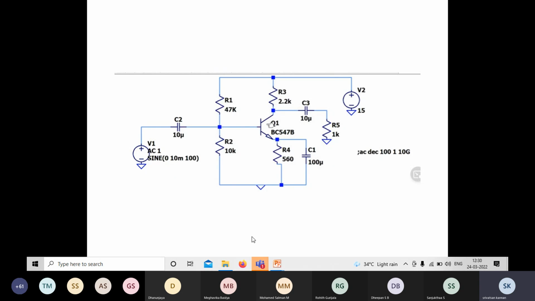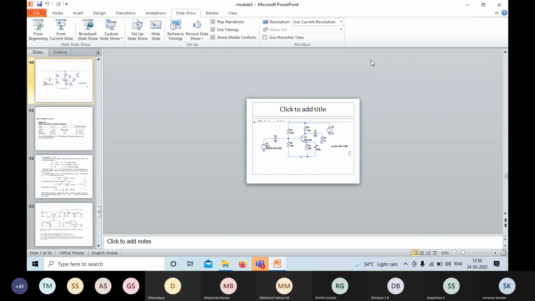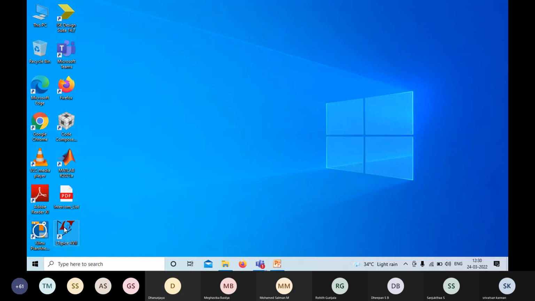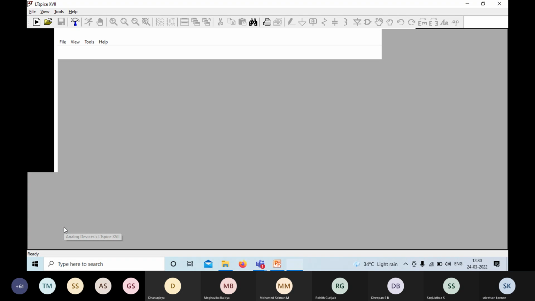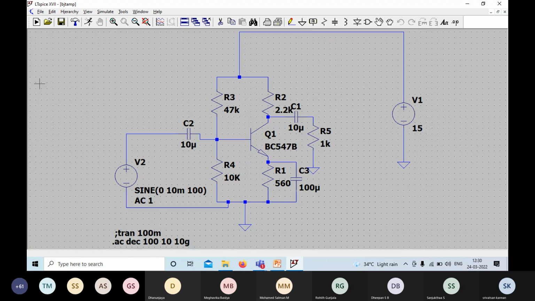I'm now switching to LT Spice. Are you able to see the circuit clearly now? The circuit is made like this.